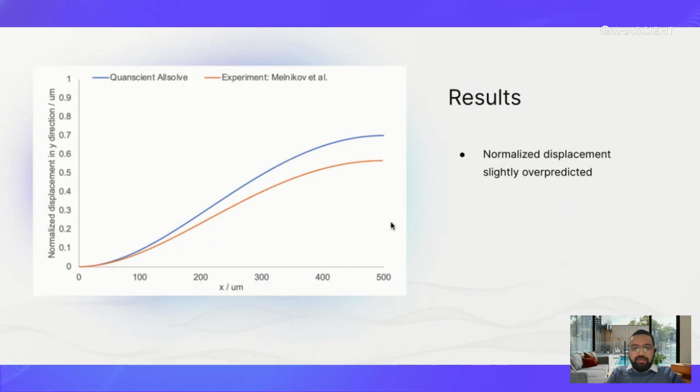And here you can see the orange plot from the paper, which is measured data, and on top of that is the blue curve, which is from the Quanscient Allsolve. We can see that the displacement is slightly over predicted, but that could just be because I didn't use a sufficiently fine mesh probably. So I mean, we would consider this a reasonable match in this case.